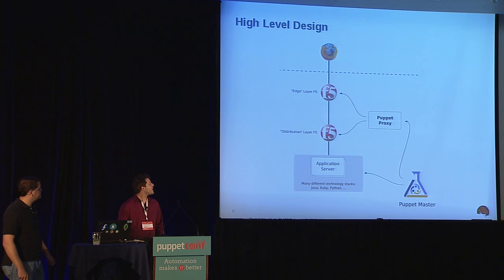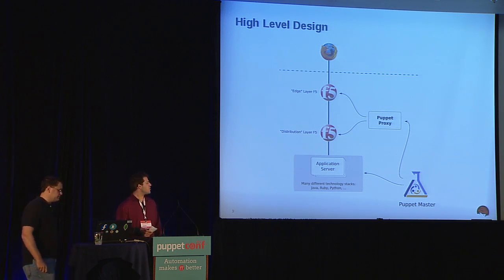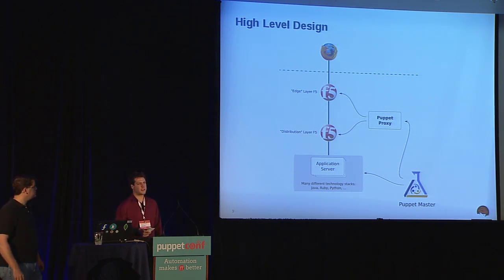So this is the high-level design once the F5s are actually integrated into our infrastructure. As you can see, those Apache clusters, those software load balancers, the Cisco load balancers, they've all essentially been consolidated down into 2 F5 devices and 1 virtual machine we call a Puppet proxy.